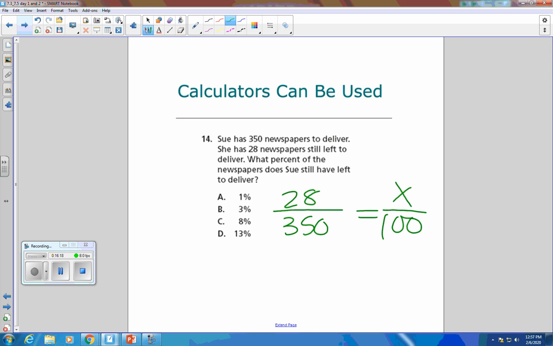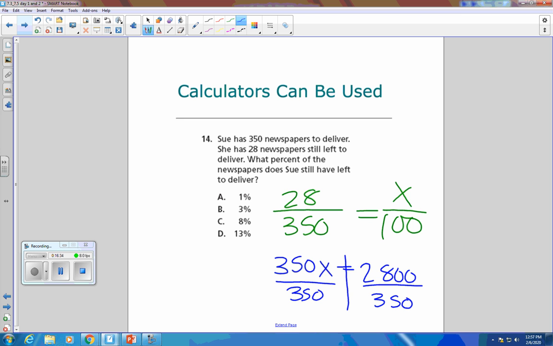So now I'm going to cross multiply. 350 times x is 350x. 28 times 100 is 2,800. Now I divide both sides by 350. And I get 8. So the correct answer is C, 8%.